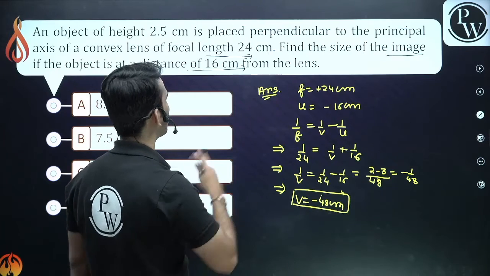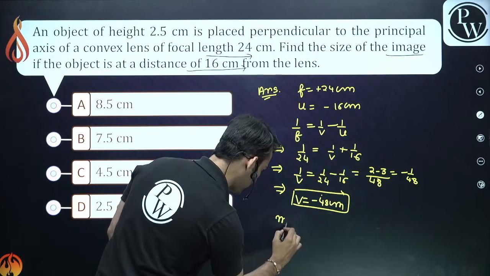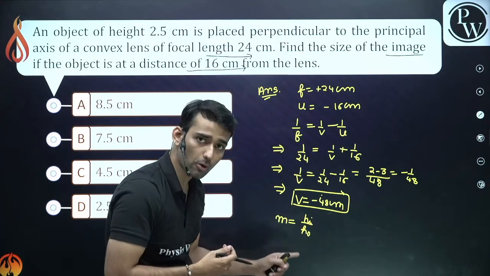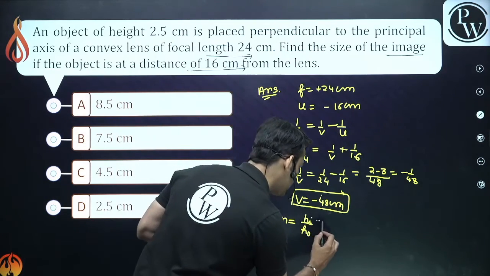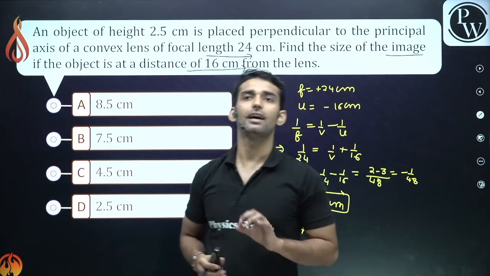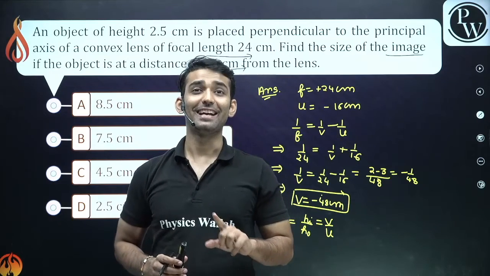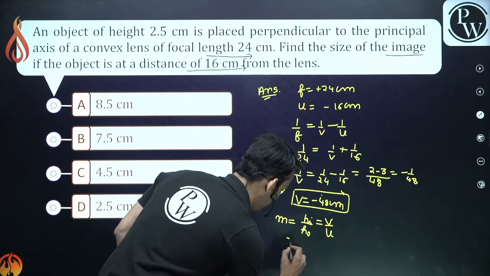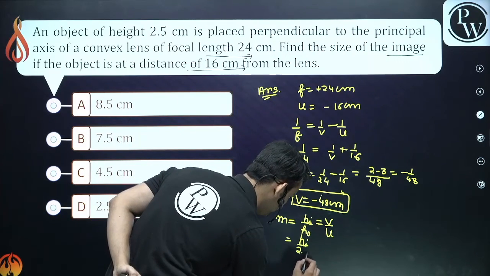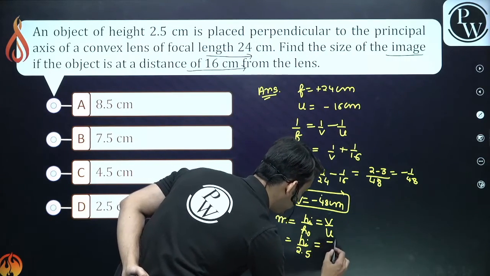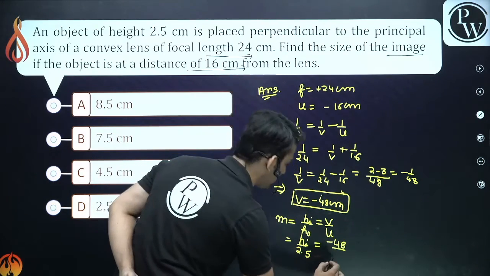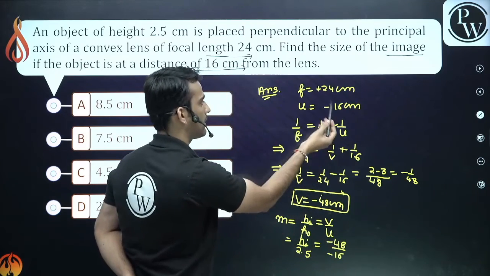Clear? And you have to find the size of the image. So guys, what is magnification? It is HI upon HO, image height upon object height, the ratio, and it is equal to v by u. Not negative as I had said. Here it is v by u. So HI you have to calculate. HO is given as 2.5. What is v? Minus 48. And what is u? u is minus 16.